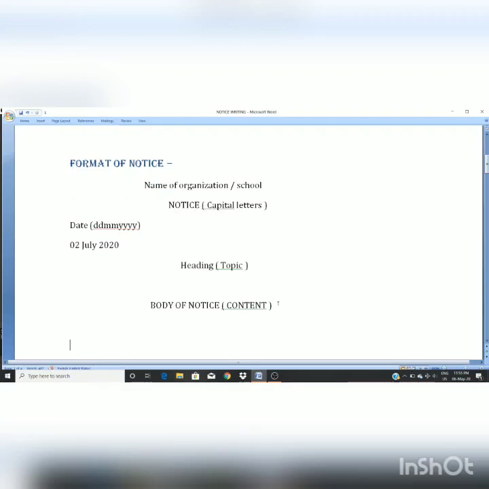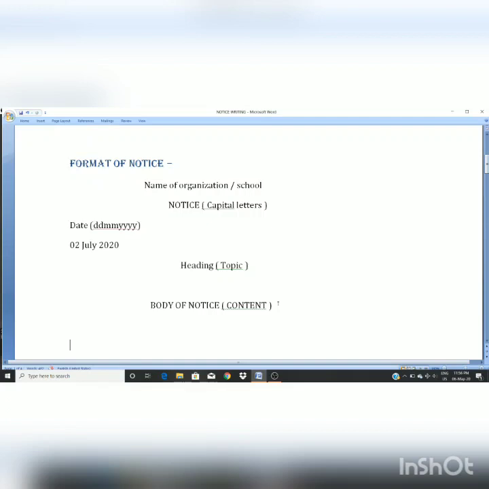Students, while writing the notice, we always write the name of the organization, institute or school at the top of the notice. So the first thing that you will write in your notice will be the name of the school, institution or any organization.